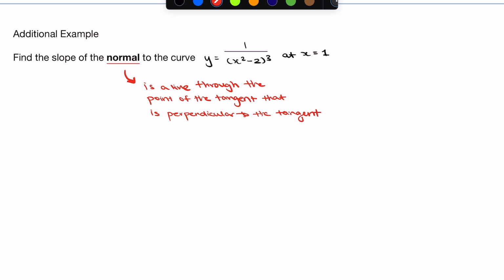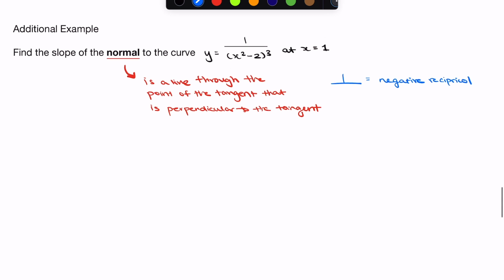And remember, if you recall, perpendicular, because it's 90 degrees, the slope is the negative reciprocal of the value of the regular slope that you get.